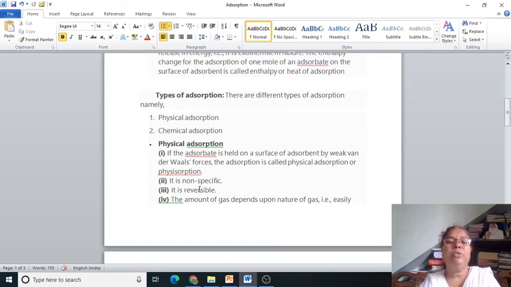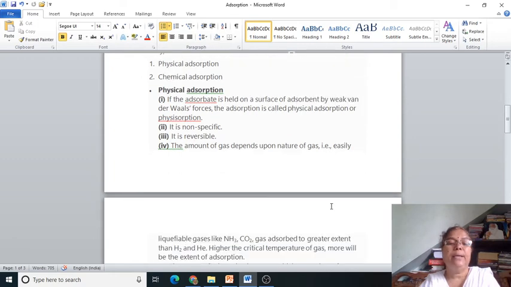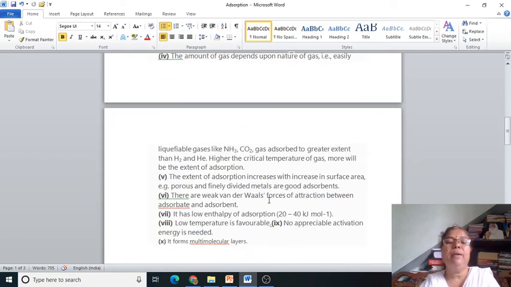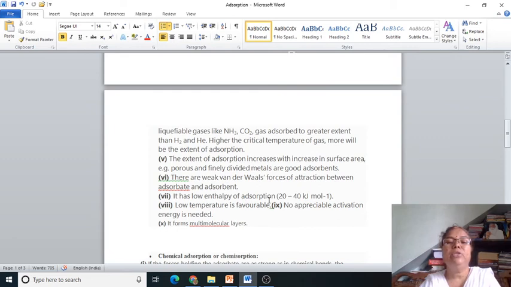Then physisorption is not specific, it is reversible. The amount of gas adsorbed depends upon the nature of the gas. That is, easily liquefiable gases like NH3, CO2 get adsorbed to a greater extent than hydrogen and helium.